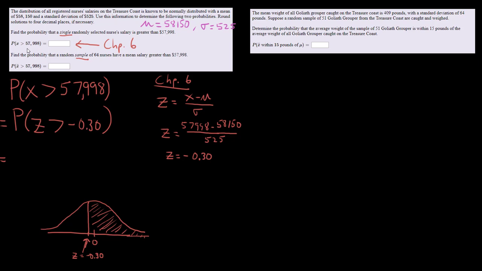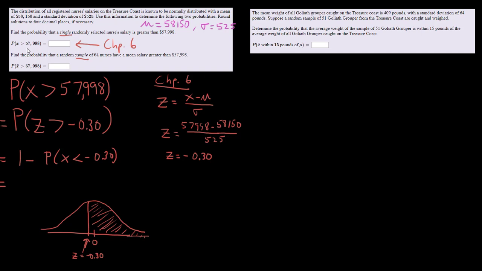So we can do one of two things. Either we can look up negative 0.3 and then subtract that value from 1, which is doing this.